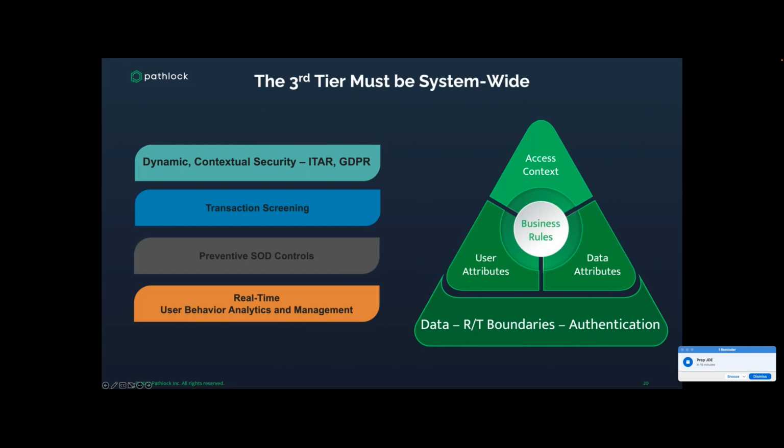The key piece around this third tier is that it must be system-wide. It must have some approach that is a one-to-many rule set, so that it's able to make a change in one place, so that it doesn't require multiple configuration changes or multiple changes to a rule set for each instance of SAP.